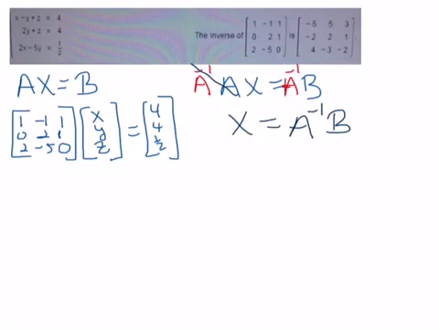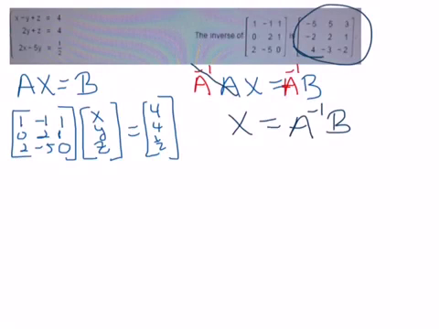Now this problem already calculated the inverse matrix for us. So up here you see our A matrix of 1, -1, 1, 0, 2, 1, and 2, -5, 0. That's our A matrix, and we're already given the inverse matrix.